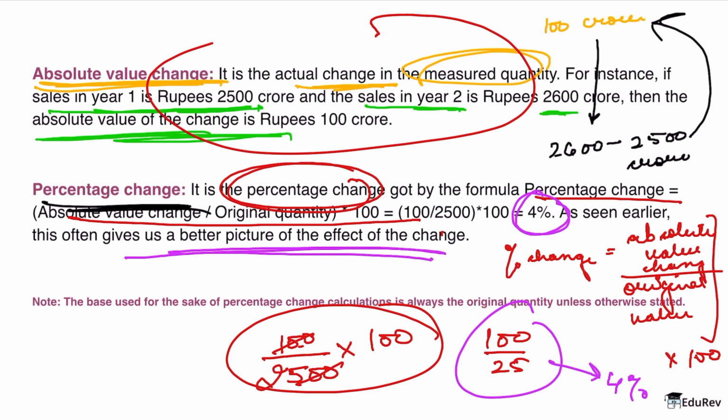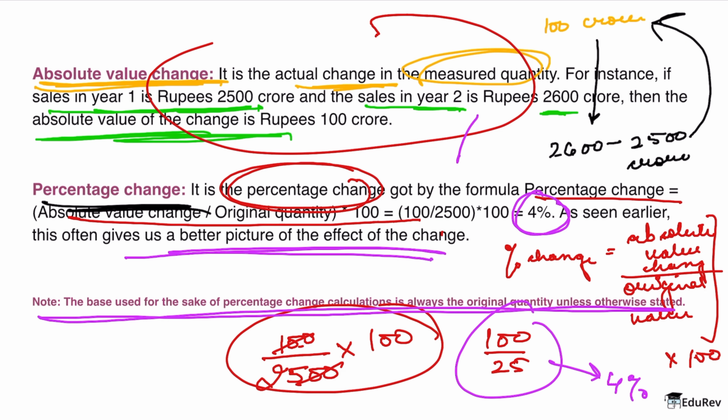Now there is this one note, if you can see. This note says the base used for percentage change calculations is always the original quantity unless stated otherwise. So if I'm talking about the base, that base has to be the original quantity, if it's not stated in the question.